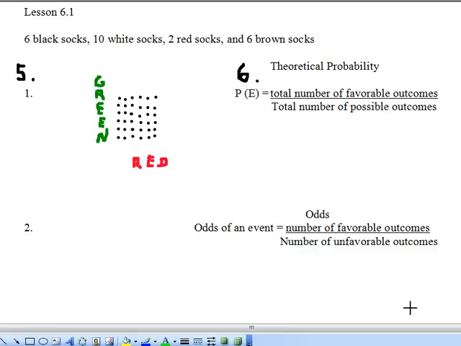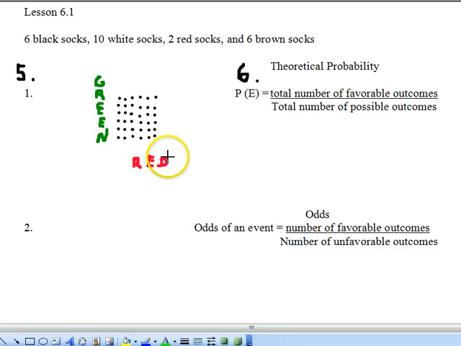Alright, now let's look at numbers 5 and 6. Number 5 says a red number cube and a green number cube are rolled. Find the probability that a red even number and a green odd number are rolled. Alright, so here we have our sample set, our sample space that I created here. As you know, a cube will only have 6 sides.